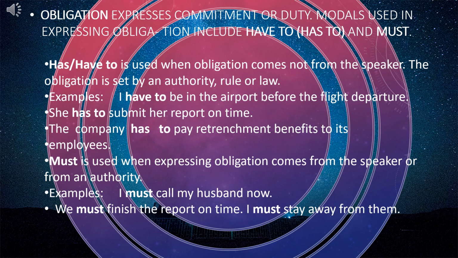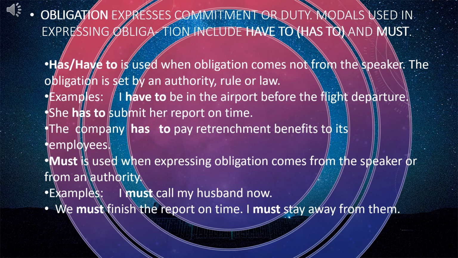Okay? If you can remember it. So, as what I keep on saying, you must always sense the context of the sentence for you to figure out if the sentence is expressing prohibition or obligation. So, is the modal verb expressing prohibition or obligation? Okay?